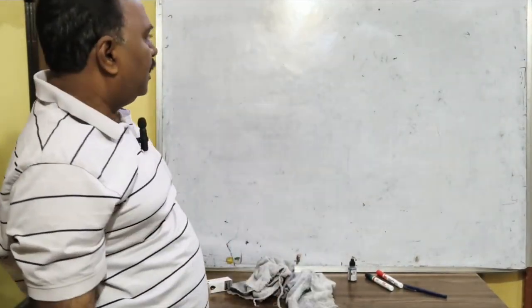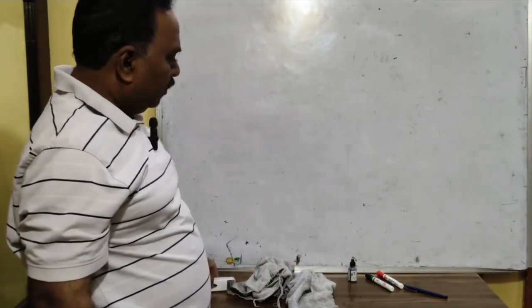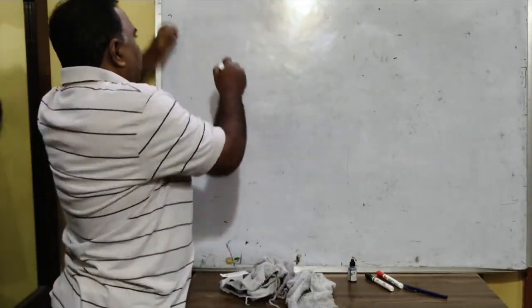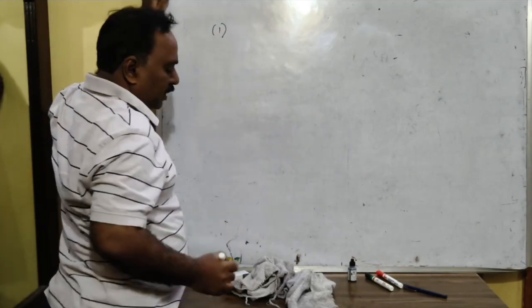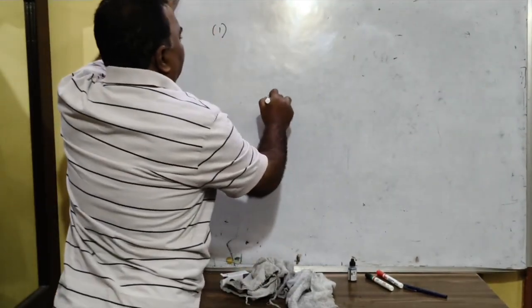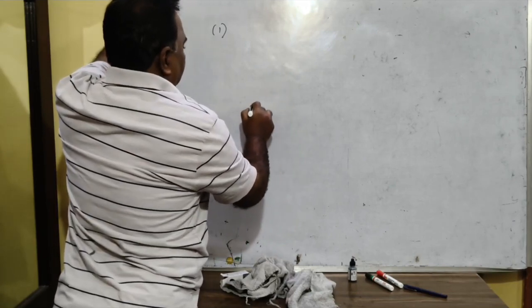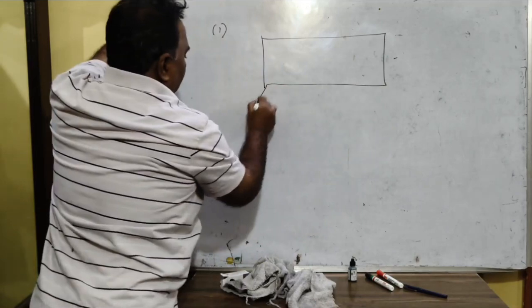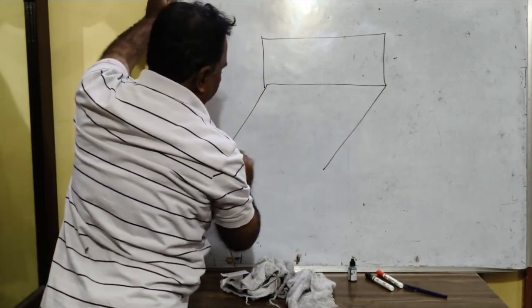Right? Now we will solve one problem based on these concepts. They are asking the problem such that here, let there be a semicircular wire. There are some infinite wires. This is one plane, and this is another plane.